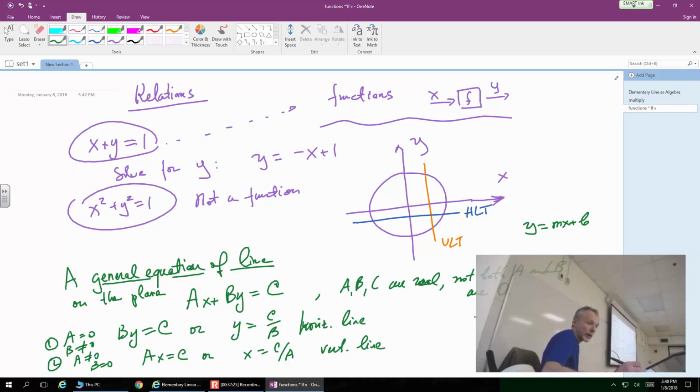So x plus y equals, say, 1. How about 2x plus 2y equals 2? What's the relation between the lines? Both of them are lines.